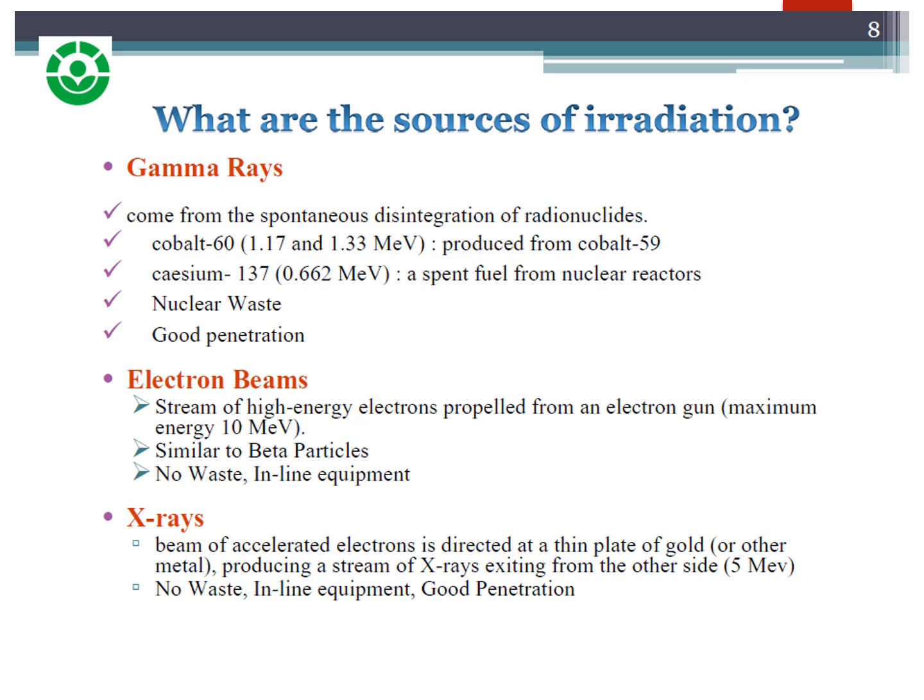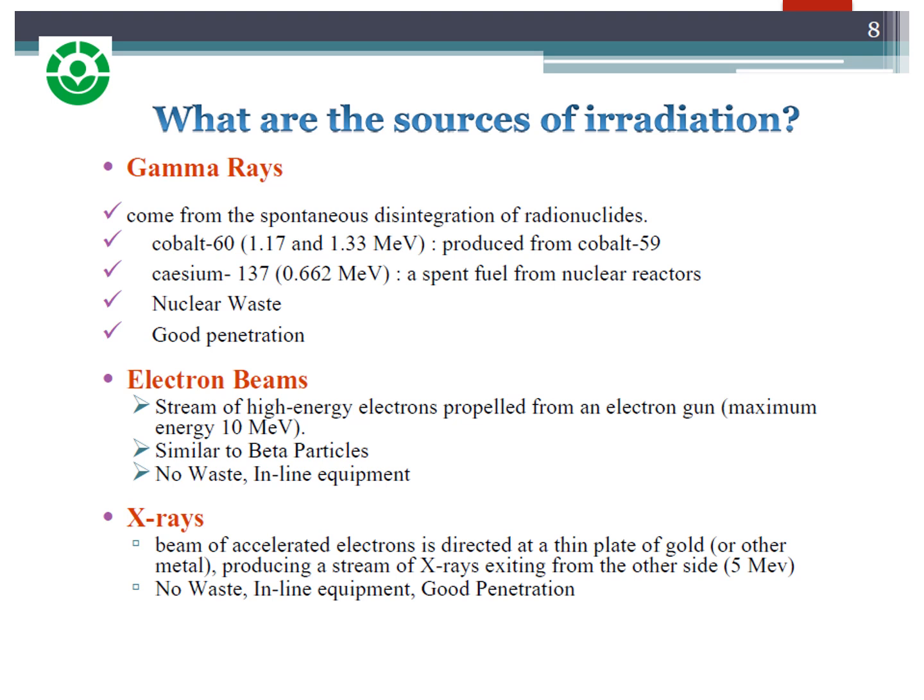The back end of the nuclear fuel cycle, mostly spent fuel rods, contains fission products that emit beta and gamma radiation. They have good penetration. Next, electron beams: a stream of high energy electrons propelled from an electron gun.